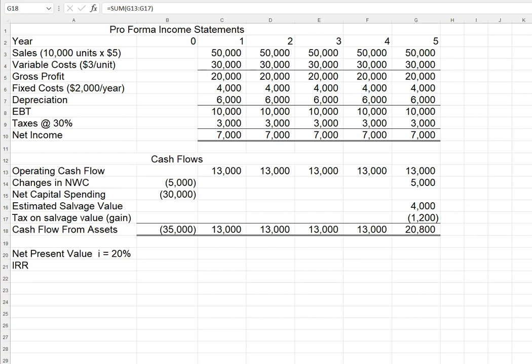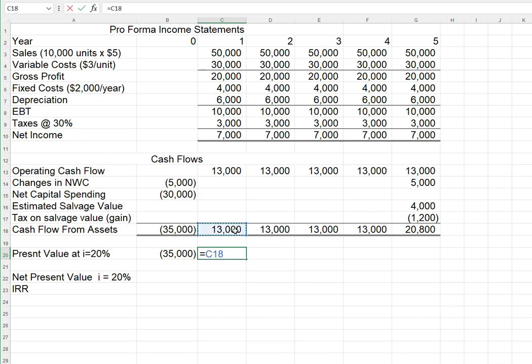Now we can calculate our project's net present value, which we recall is the present value of our cash flows minus our project's cost. The present value of the $35,000 going out at time 0, of course, is $35,000. We can then go ahead and calculate the present value of our $13,000.